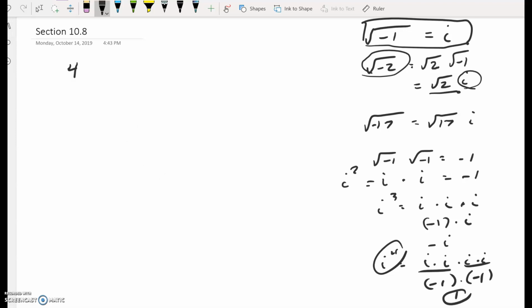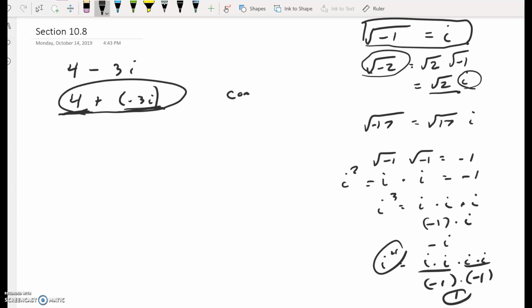If you have a regular number and then a plus or a minus sign and then some kind of an i number, the combination of these, a mixture of regular numbers and imaginary numbers, are called complex numbers. Complex numbers have a lot of uses, and there's a lot of beauty hidden in them, but we're not going to get to use them very much.